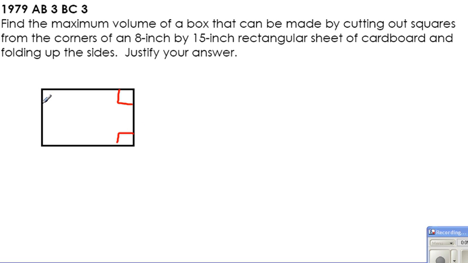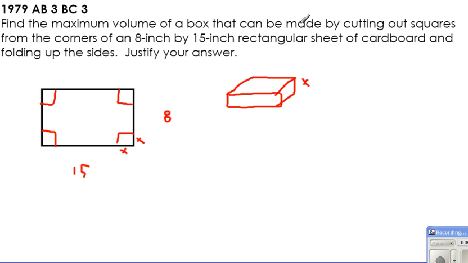You probably would have remembered this kind of question from pre-calculus last year. Each side of the cut square is equal to x, where the whole thing here becomes 8, and this one will be 15. When you fold it and make a rectangular box, because the corner is x, the height would have been x.